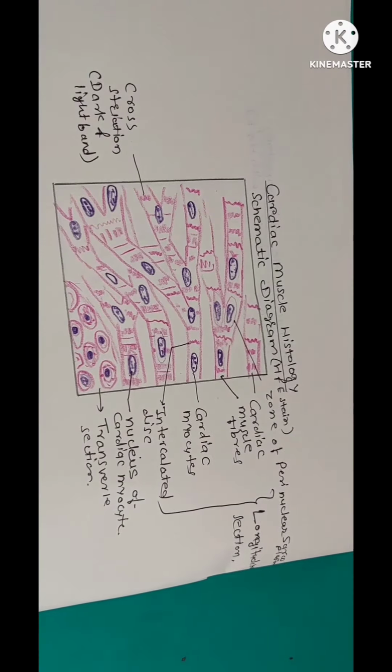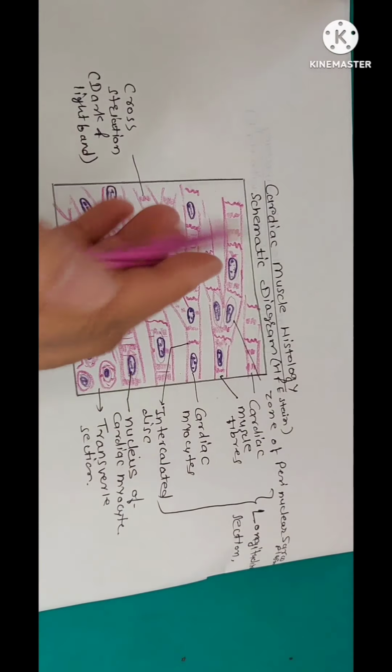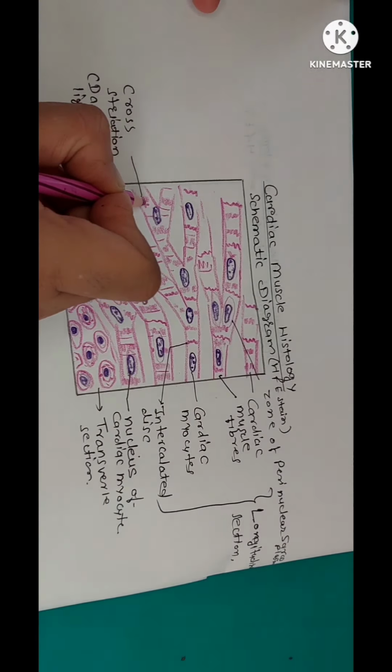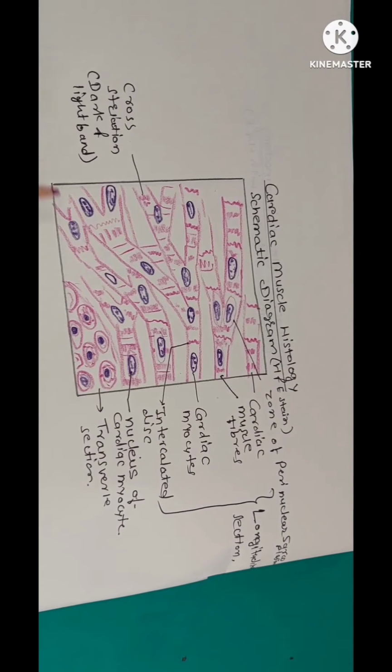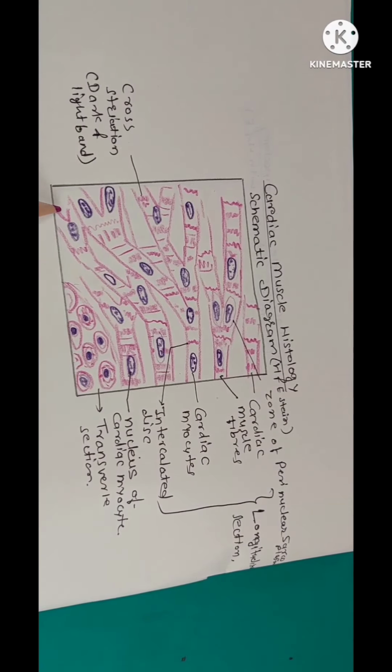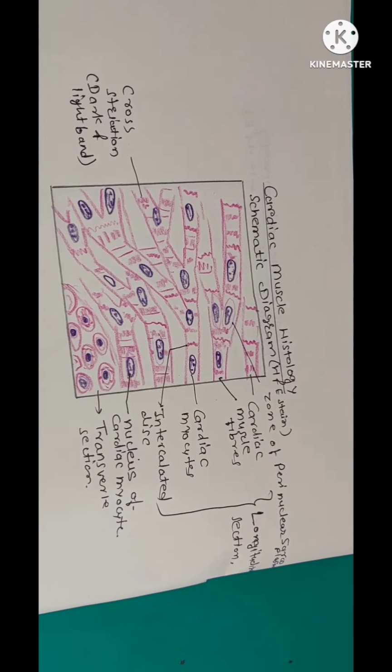They can be seen clearly. The cross striations in cardiac muscle cells are similar to the cross striations, that is dark and light bands, of skeletal muscle.